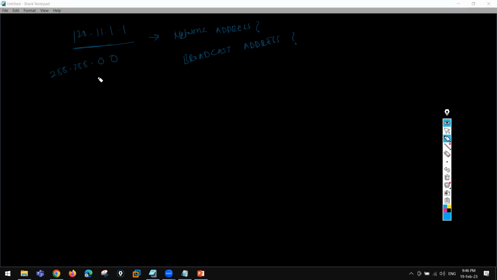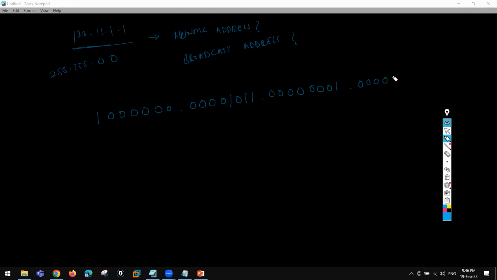Actually, to calculate the network address from a mathematics perspective, when you open up the 128, it's 1 0 0 0 0 0 0 0, then 11 is 0 0 0 0 1 0 1 1.